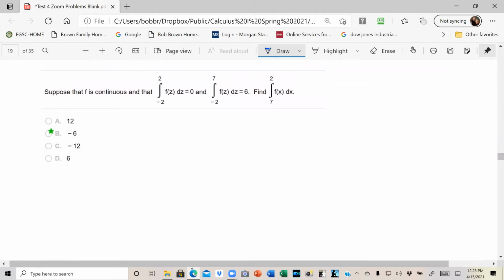Now we have a function f, and we have one integral from minus 2 to plus 2 of f of z dz is 0. The integral from minus 2 to 7 of f of z dz is 6. And we want to find the integral from 7 to 2 of f of z dz.